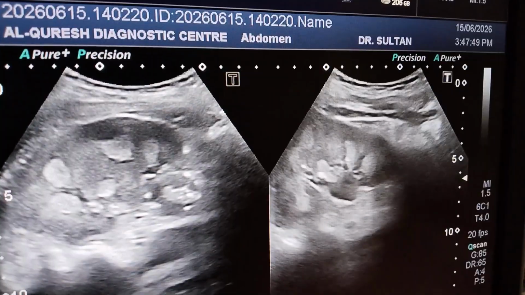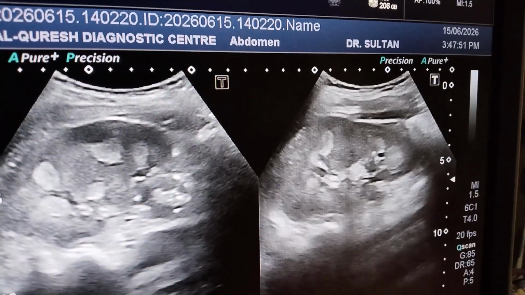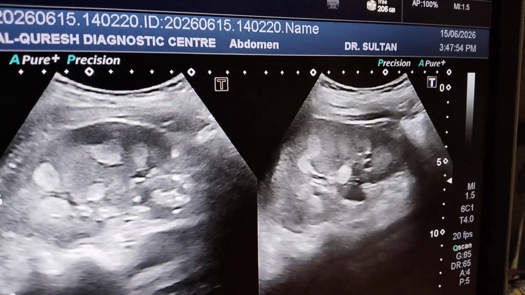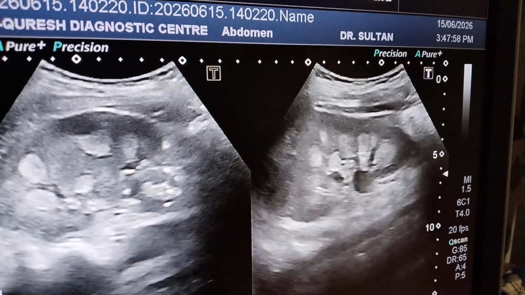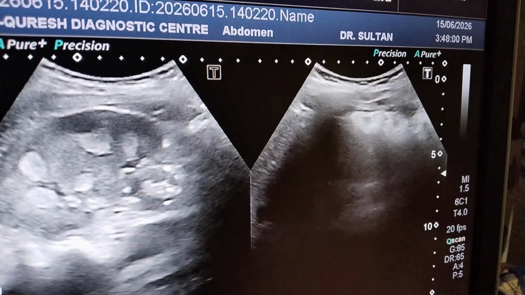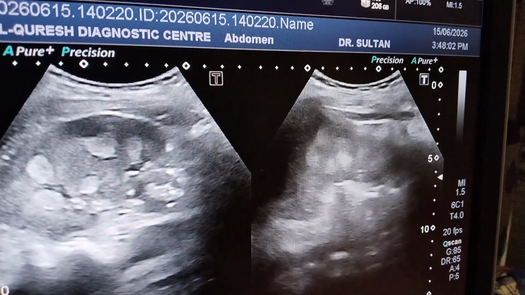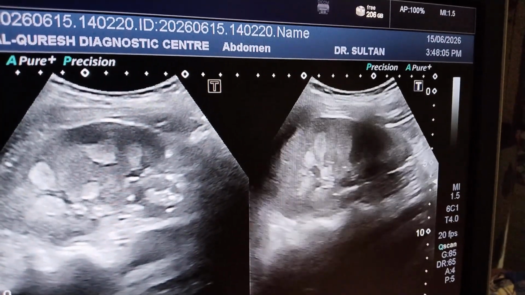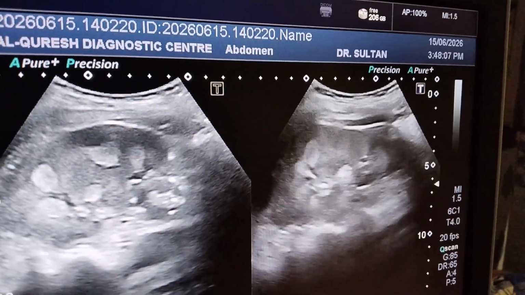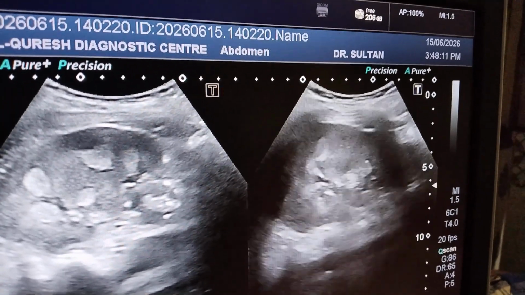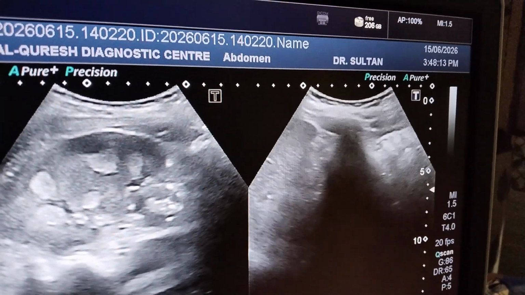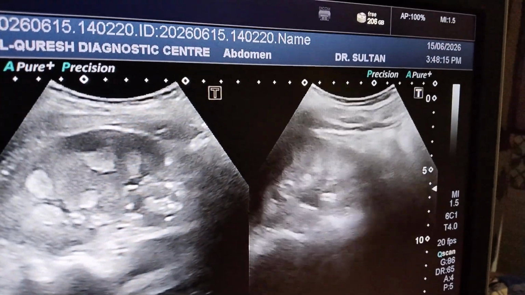The patient is in the left decubitus position, and here we can also appreciate all pyramids, whether they are anteriorly located or posteriorly located. So these are hyperechoic, echogenic.